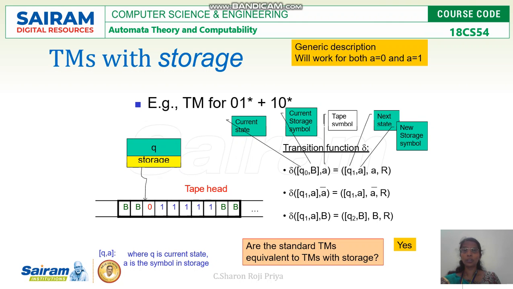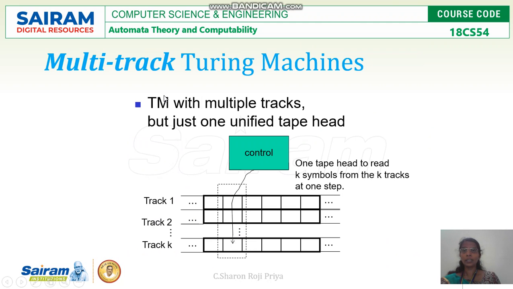So for this purpose, if I want to remember any input symbols, I can design my Turing machine with the storage property. Next is the multi-track Turing machine. What is this multi-track Turing machine? It has a single tape but multiple tracks.